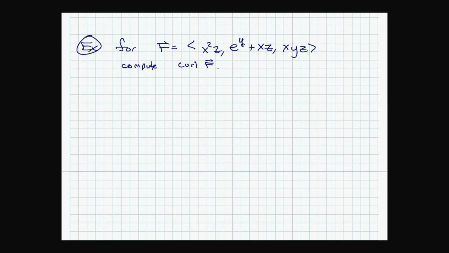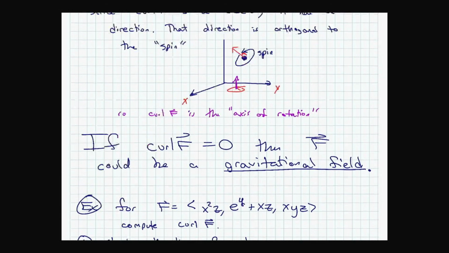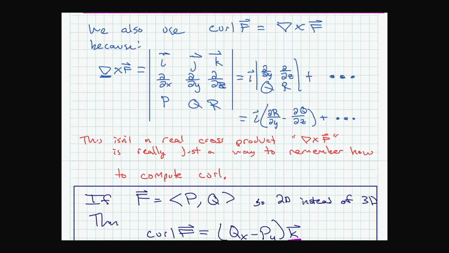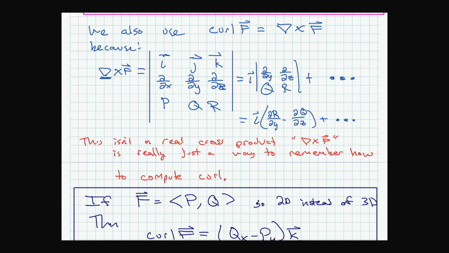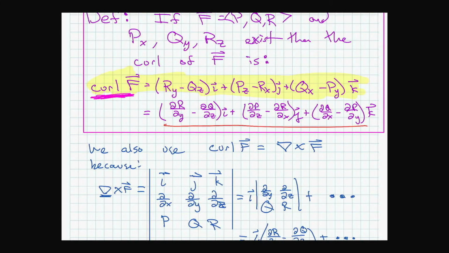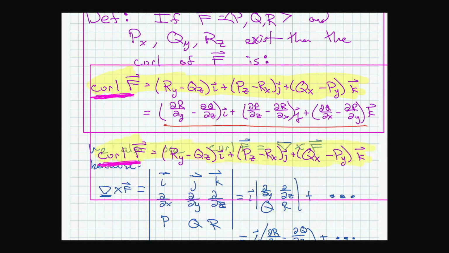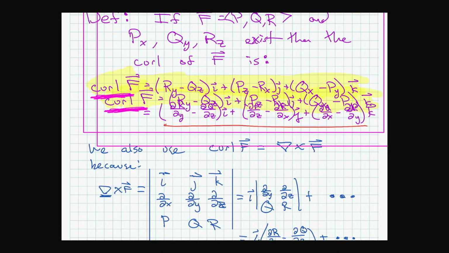All right, so how would you do it? So your first step is you're going to start with the formula, not the cross product. You probably don't want to bother with the cross product formulation. The cross product formulation here is really just to help you remember what we wrote up here. So this is really what you should start with.